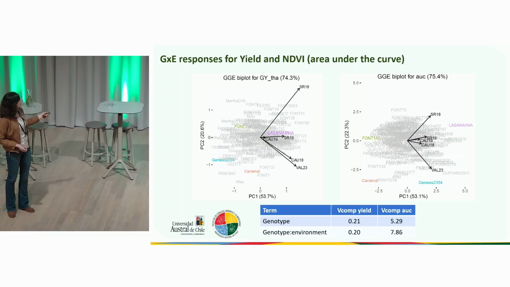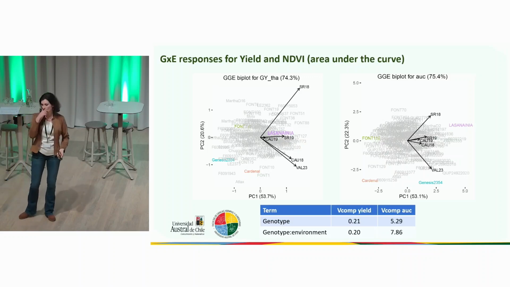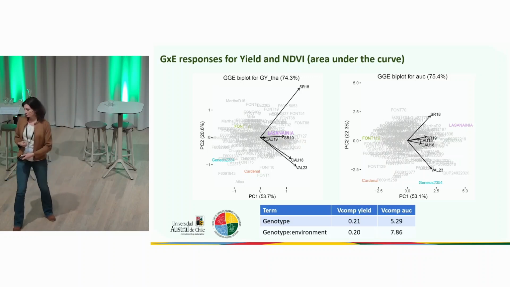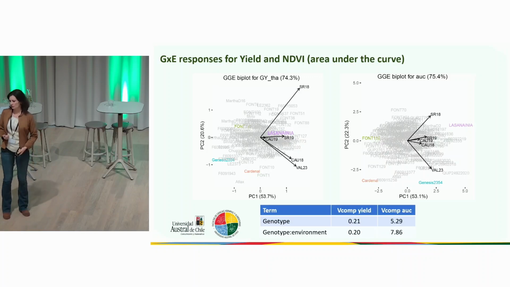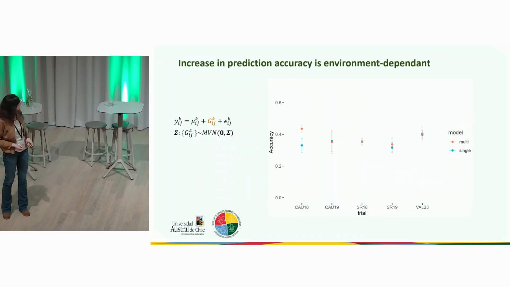Both traits had a lot of considerable G by E. The G by E was about the same or even a bit bigger than the genotypic main effect. So it seems that there is at least something further to explore with this trait relationship.